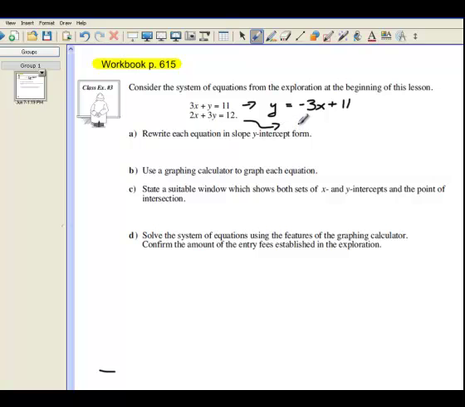And for the second equation, I've got 3y equals negative 2x plus 12. And again, we have to divide everything by 3. So y equals negative 2/3 x plus 4.